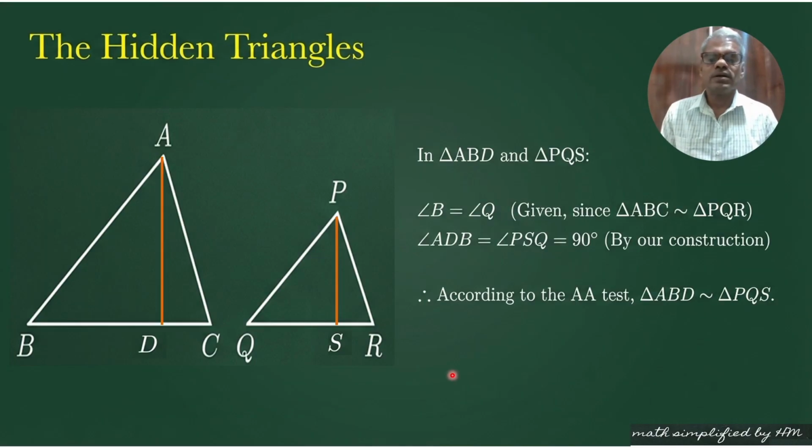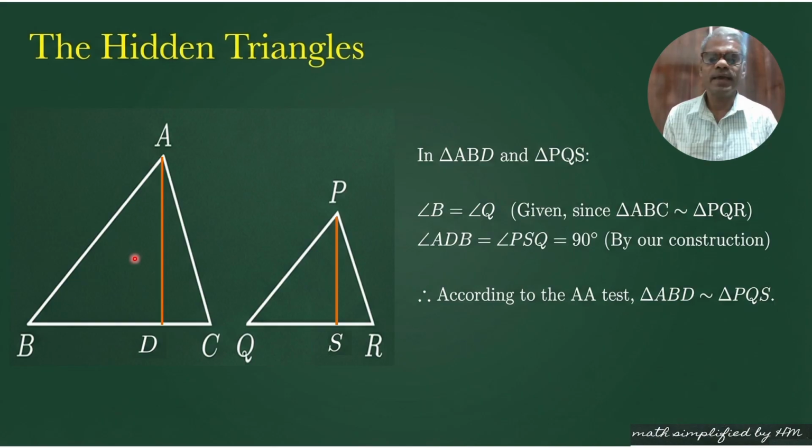Now the hidden triangles. In triangle ABD and in triangle PQS, we have angle B is equal to angle Q, given since triangle ABC is similar to triangle PQR.